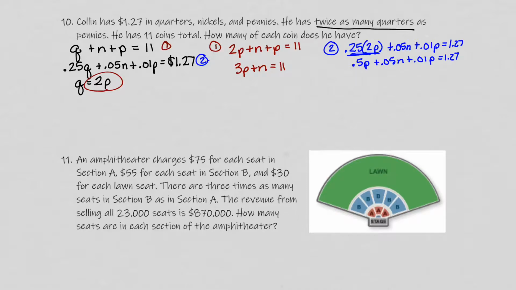Let's collect some like terms. Adding those together, I get 0.51P plus 0.05N equals 1.27.